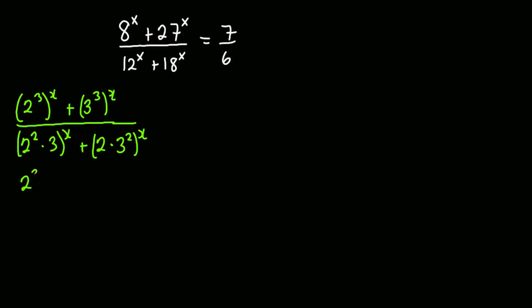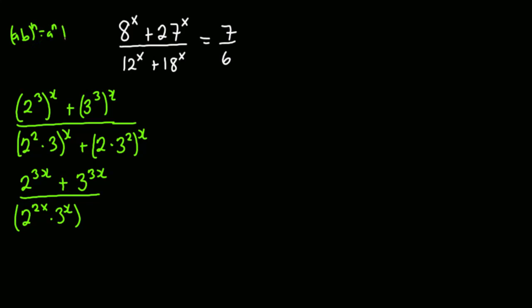Okay, so rewriting this gives me 2^(3x) plus 3^(3x), all divided by 2^(2x) times 3^x, because from the law of indices, if we have (ab)^n, this is the same as a^n times b^n.